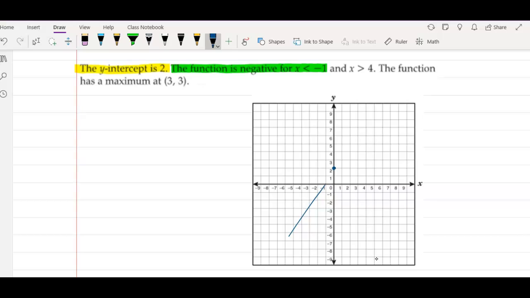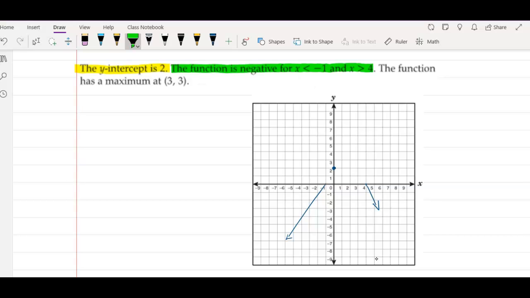Over here it's negative, and then it becomes positive. And when x is greater than 4, so right here, my graph is down in the bottom again. That's where it's going to be negative. Between -1 and 4, it's going to be up here somewhere. I don't know where yet. And again, we're just sketching right now.